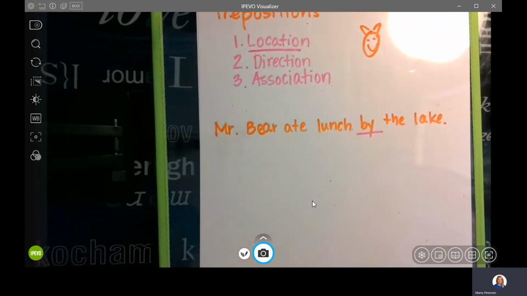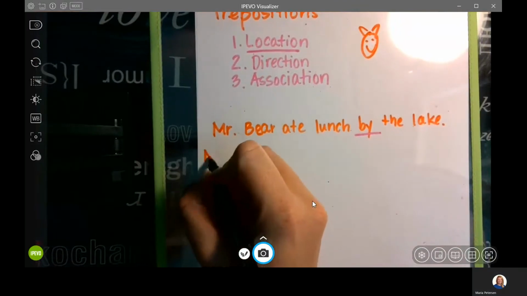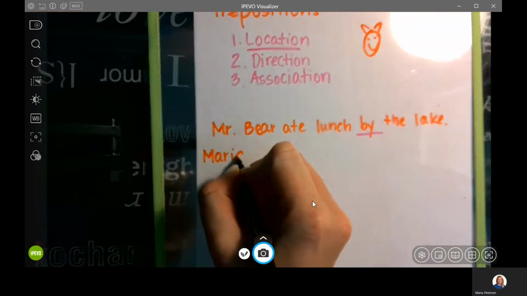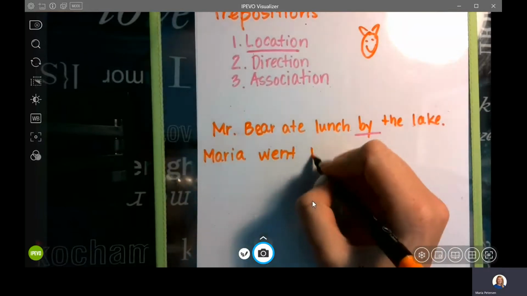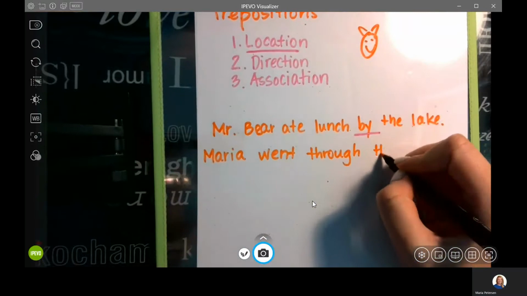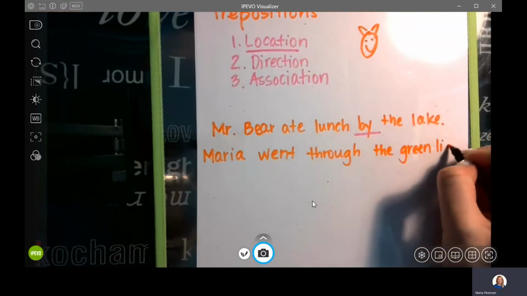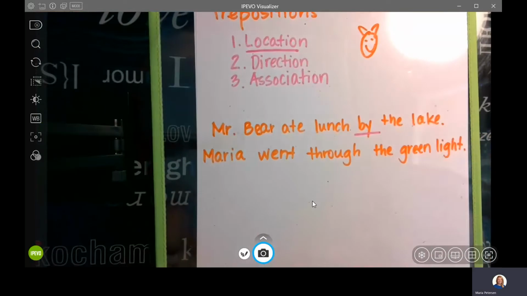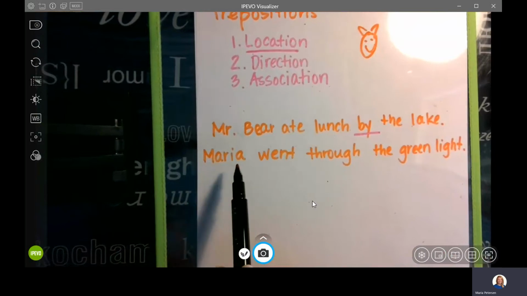Let's go ahead and do another example. Maria went through the green light. Because when you drive, you're supposed to go through a green light. Now, Maria is a person, place, or thing.